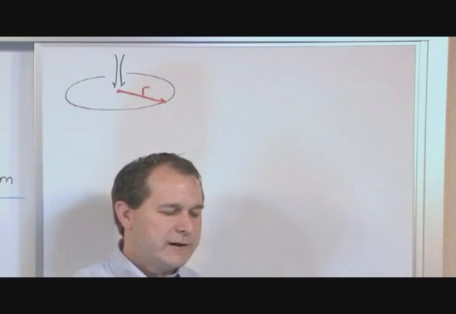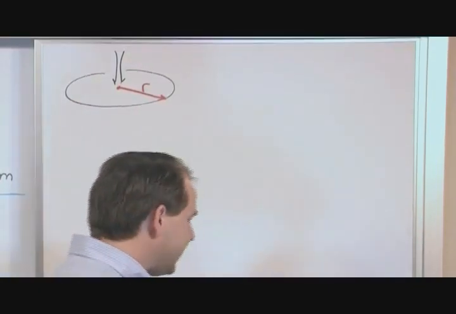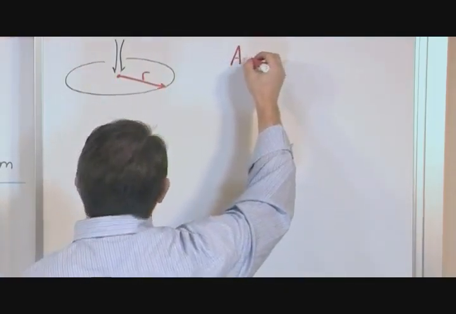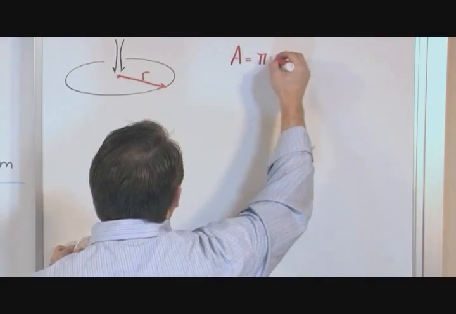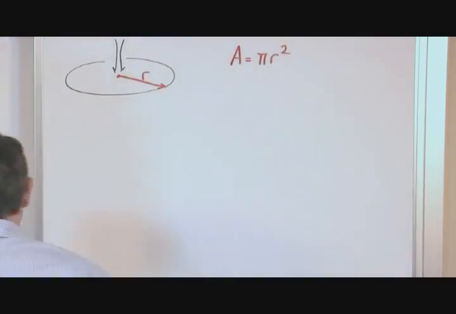That's a huge clue. And we're talking about the area of the circle is increasing. So that should be an immediate clue that I'm going to be using the area of the circle. Area of a circle is pi r squared, right? So I have the radius here, and I'm involving the area. All right? So the area is increasing at a rate of 3 square meters per minute.